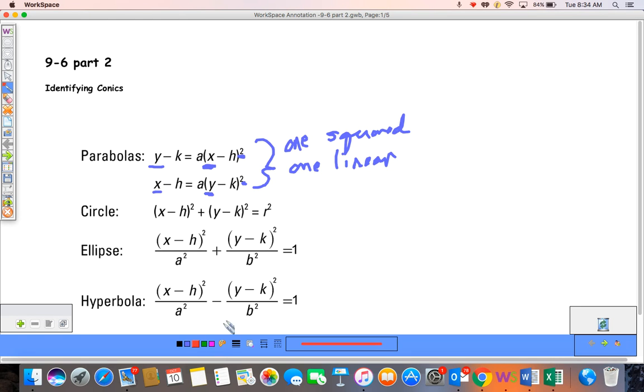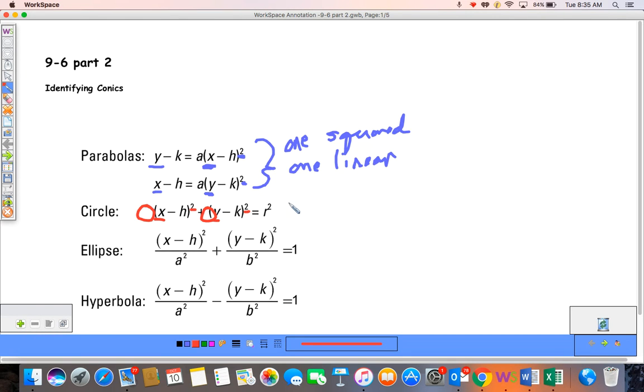When we see a circle, guys, you're going to see both the x is being squared and the y is being squared. But notice there's not a fraction here with these. You're going to notice that the numbers in front of your x squared and in front of your y squared are going to be the same.